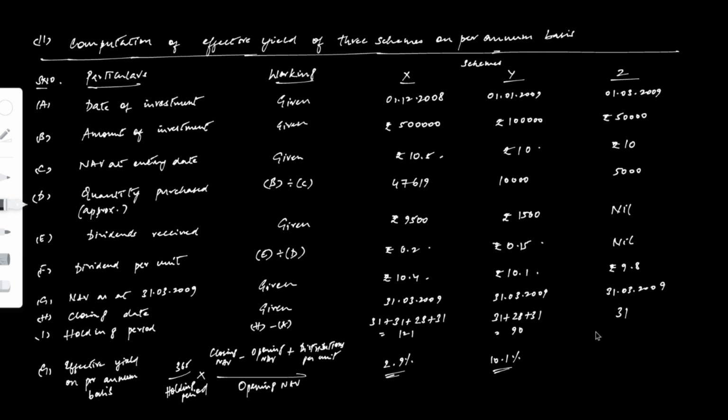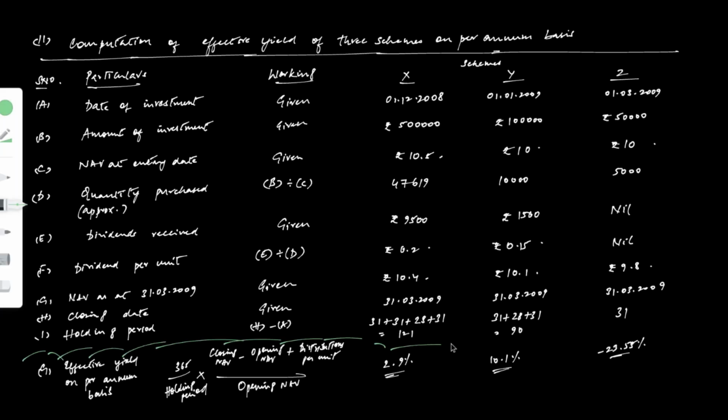And in the third case, it will be 9.8 minus 10, plus, there are no distributions, so nil, divided by 10, into 365 by 31. So it is minus 23.55%. So these are the values.